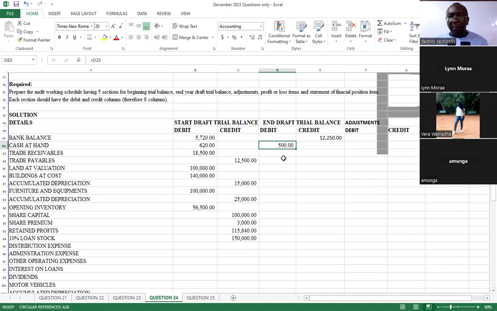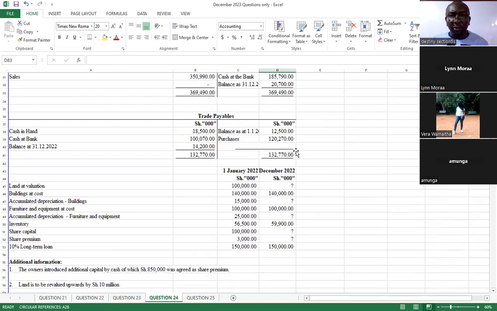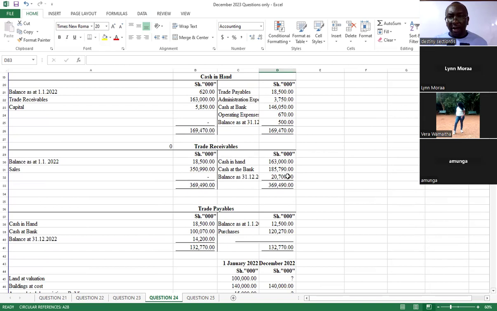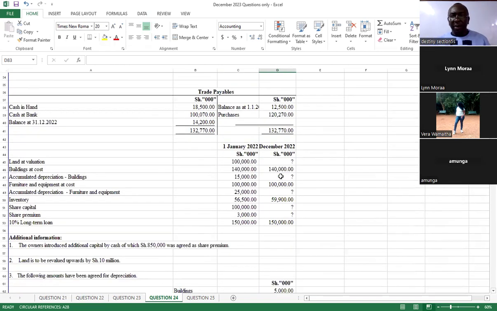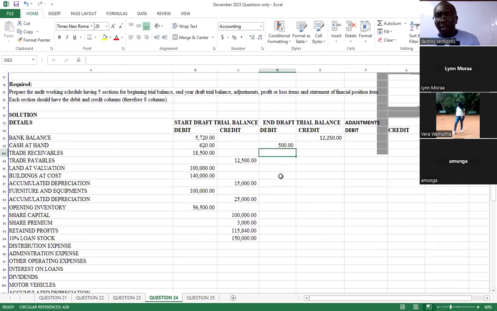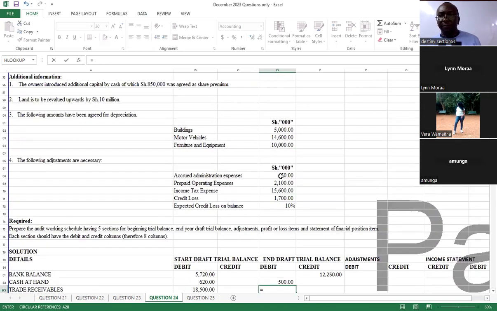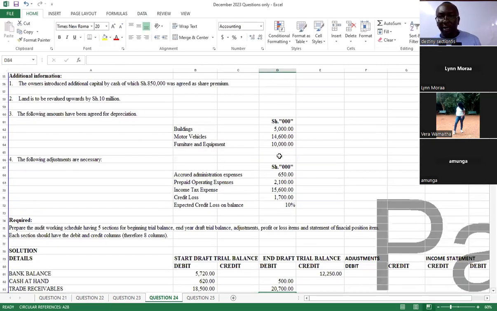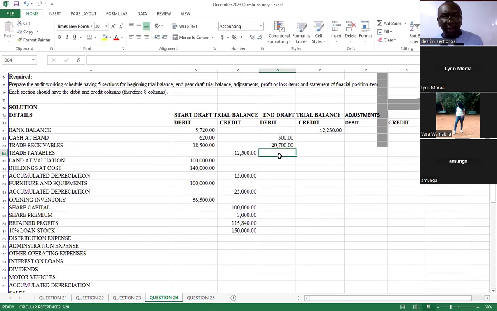The next one is trade receivables. Let's go to trade receivables. Trade receivables, they have a debit balance. So we come here and say equals the trade receivables, this one. You enter. The trade payables, that must be a credit balance.